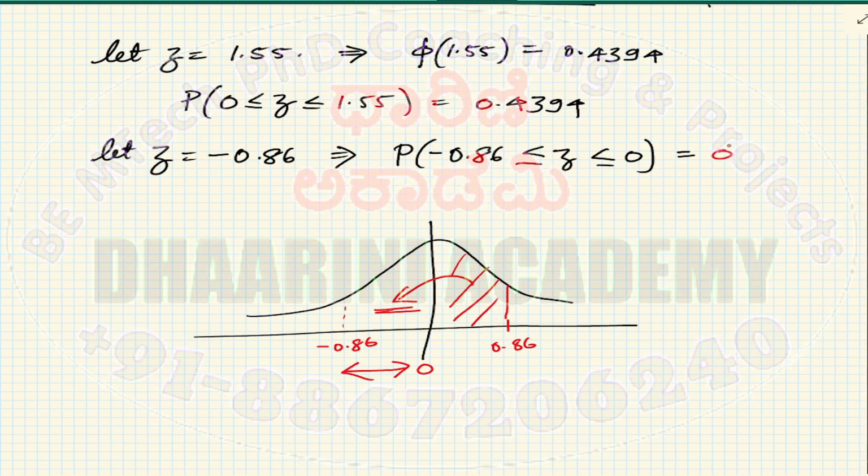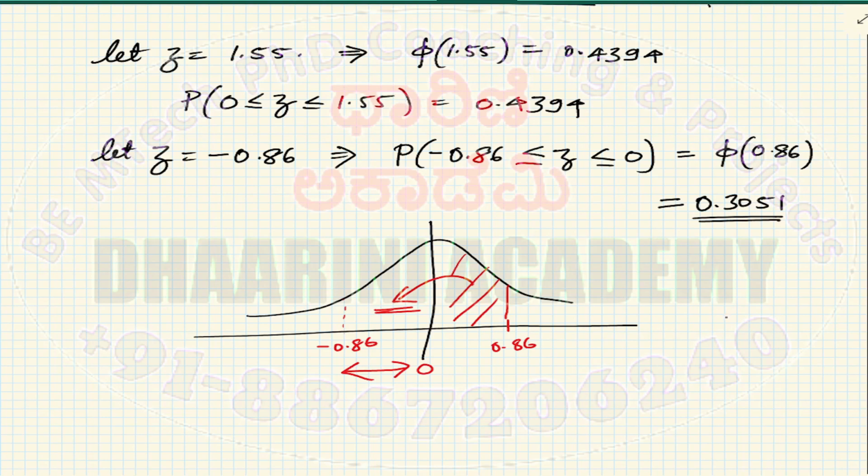So this can be calculated by using phi of 0.86 from the table. So this value is equal to 0.305.